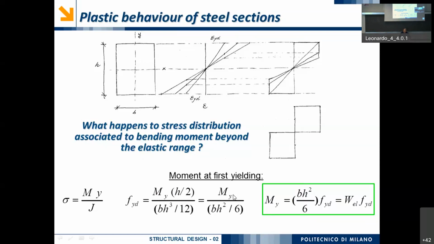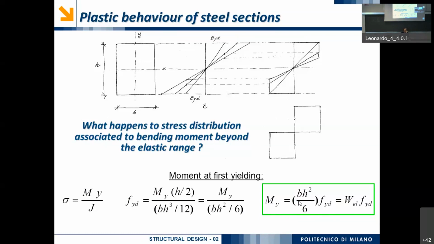So we do not know just the value of M y, the yielding bending moment, which is simply equal to b h squared over 6 times f yd. This value, b h squared over 6, is called W el, okay?